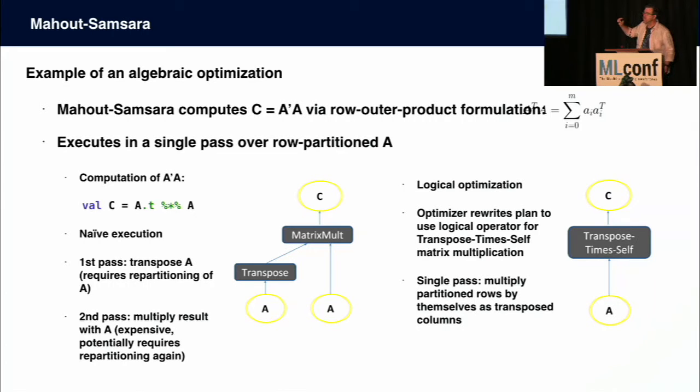Here's just a simple example of an on-the-fly algebraic optimization. If you wanted to calculate, that equation up at the top is A transpose times A, and then the pairwise row times its own transpose. And that's a typical thing that you would use in machine learning for co-occurrence.